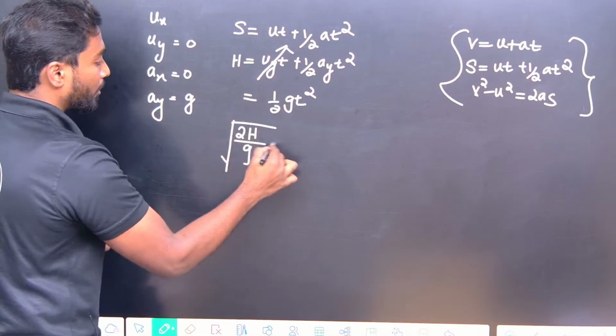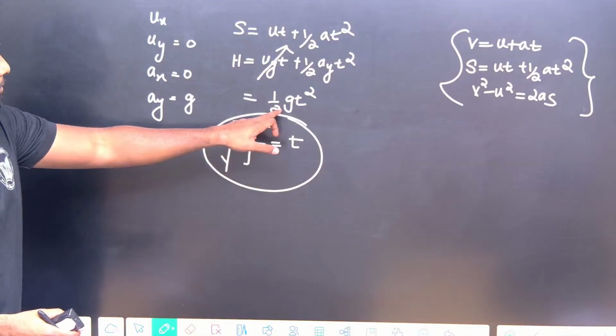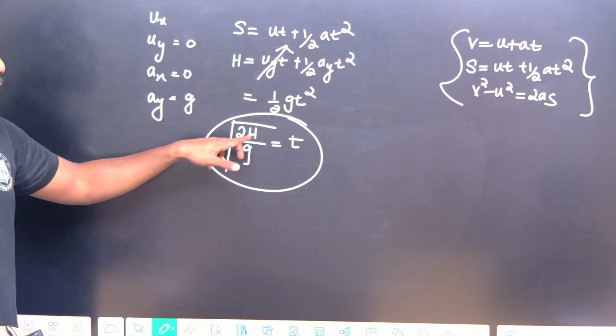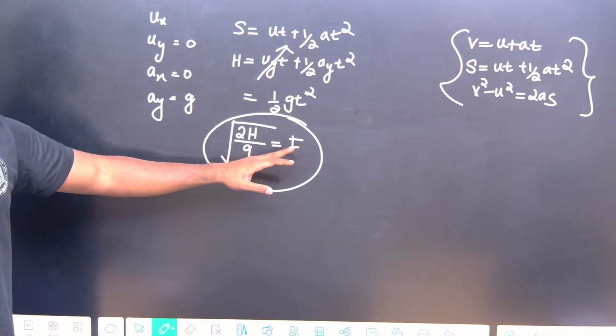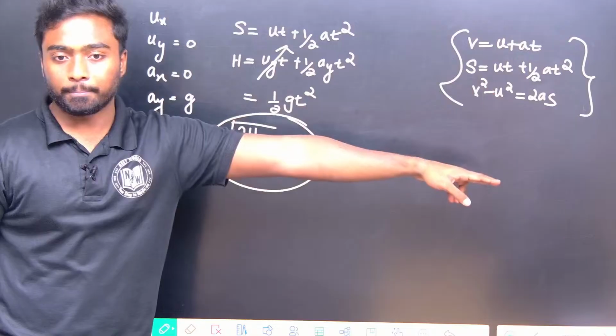Got it? I have taken this to this side, 2h comes, g goes to the denominator, 2h by g, and t square will be under root. So this is my time of flight, the time taken to reach the ground.